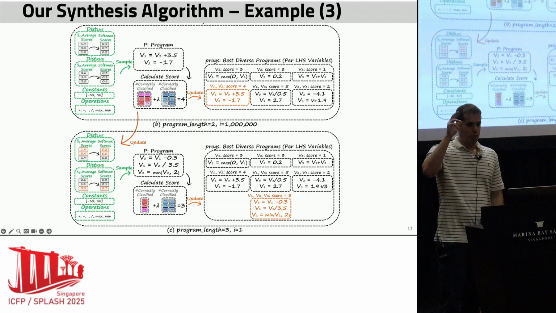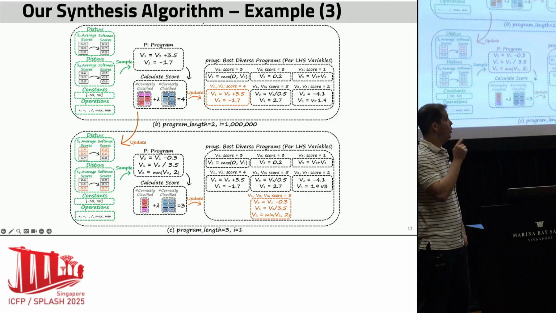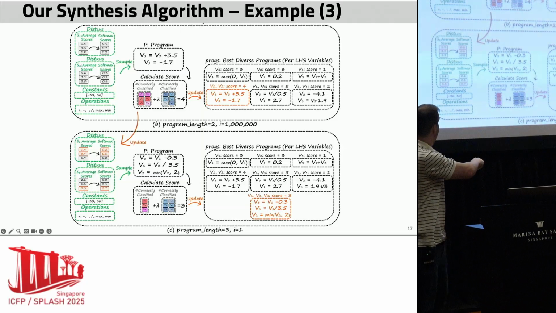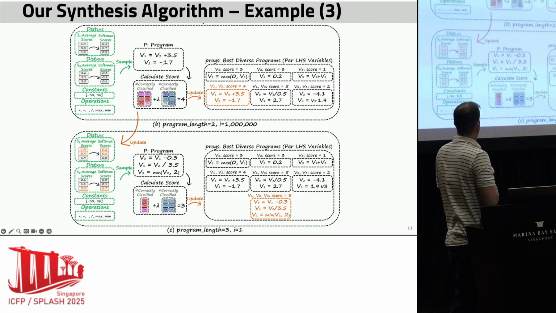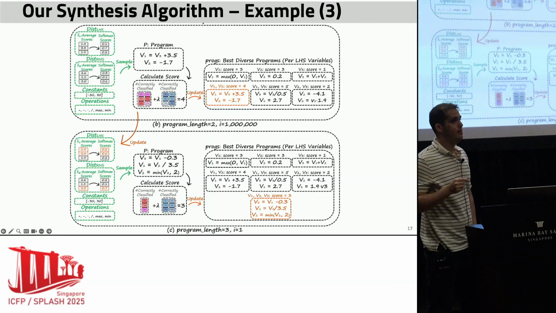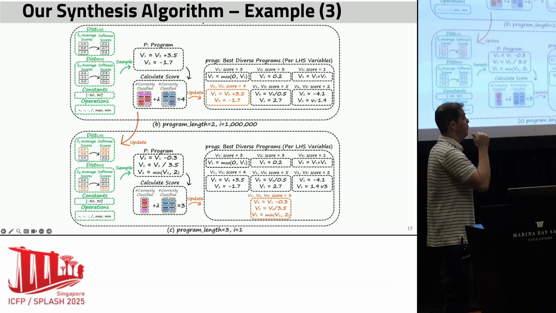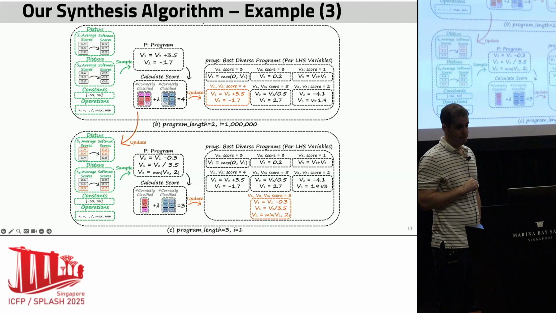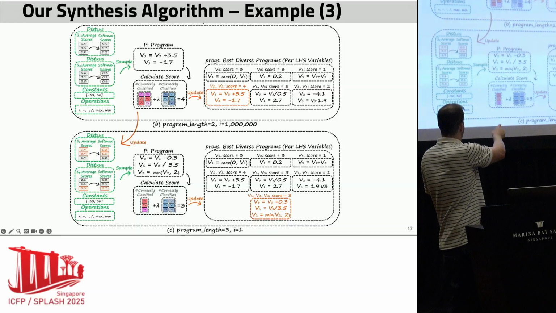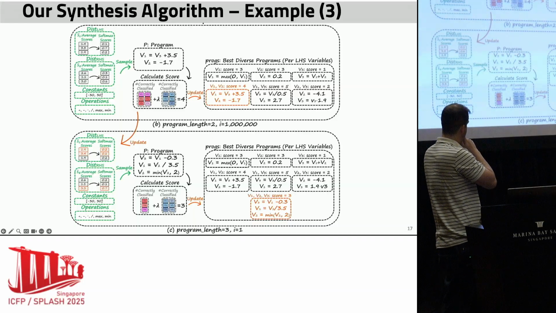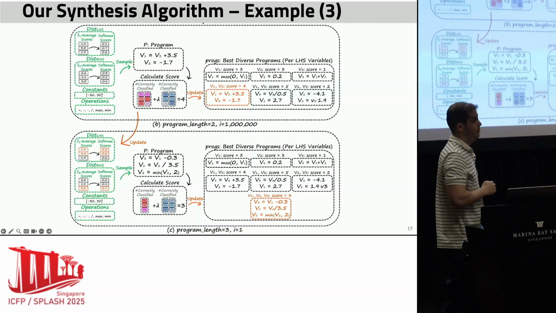Okay, so now we move on to the first iteration of programs of length 3, here at the bottom of the slide. We update our left-hand side and right-hand side distributions based on the score of the previously explored program. And again, we sample programs from these distributions.